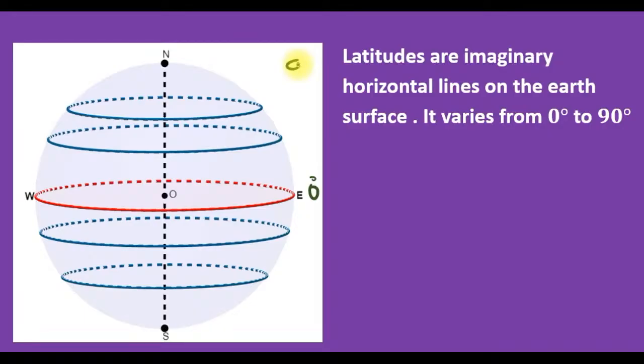This could be maybe 30, maybe this is 60. So it increases from the equator to the north or south from 0 degrees. Latitude 0 is called the equator.